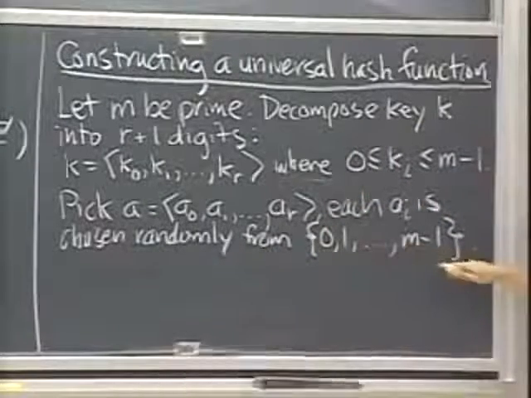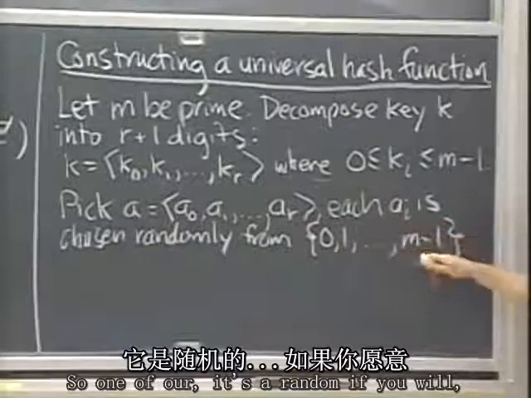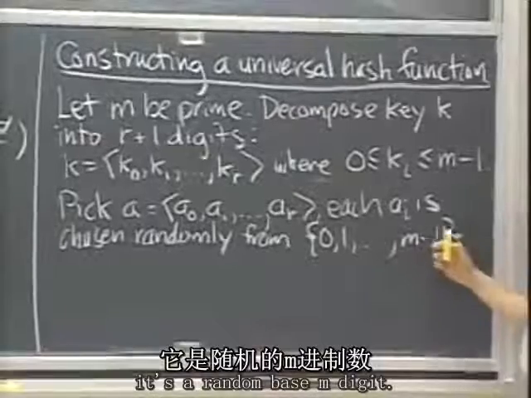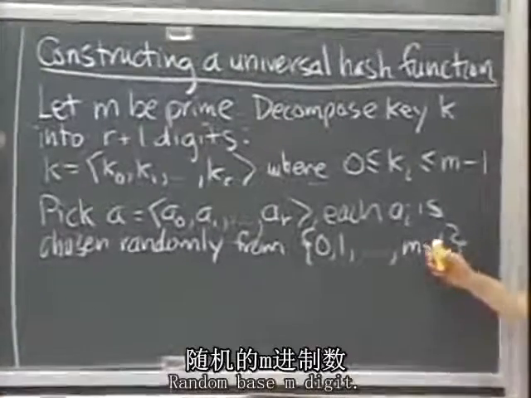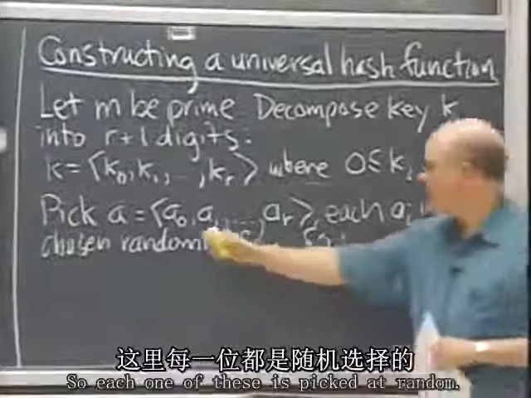So it's a random base m digit. Each one of these is picked at random.